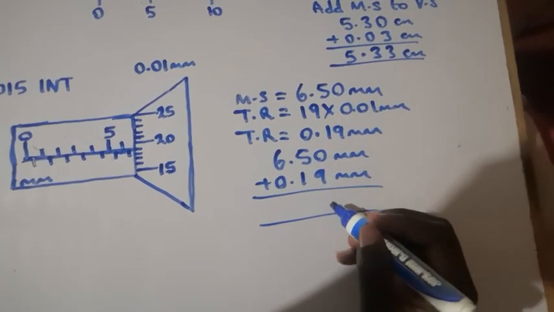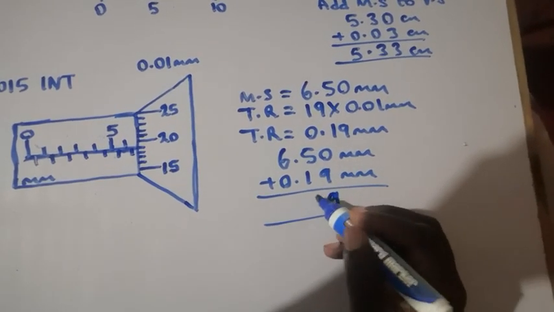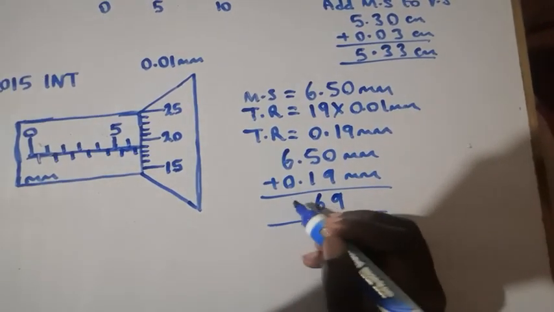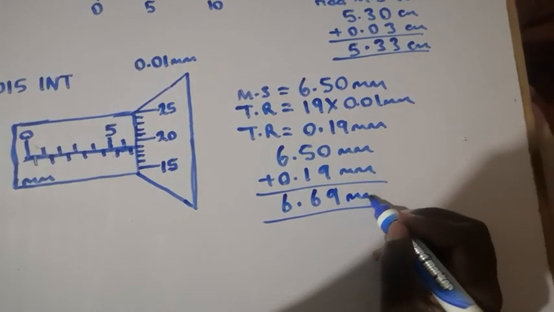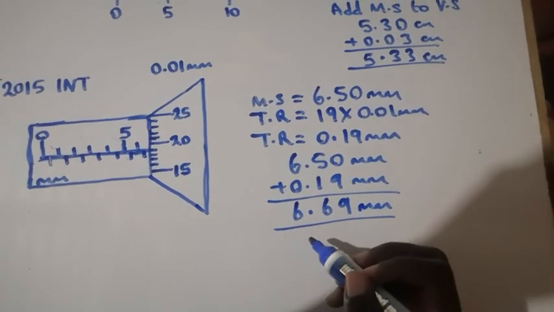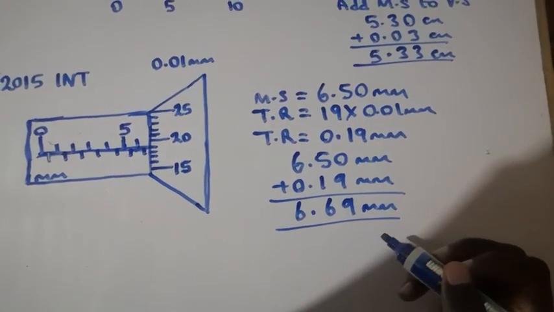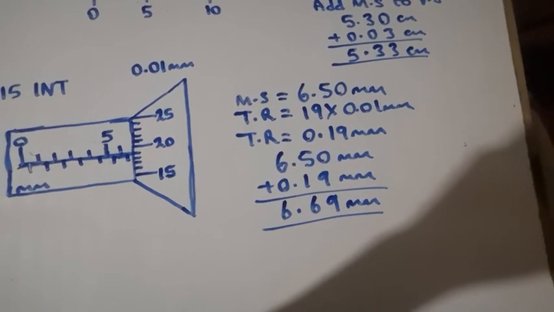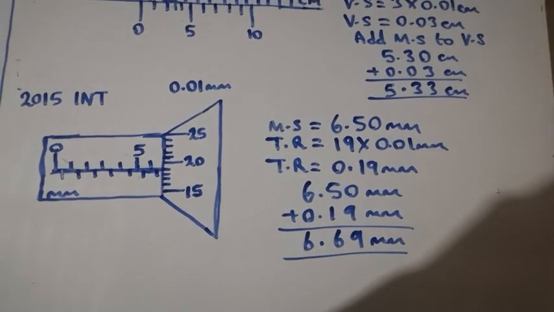So 0 plus 9 is 9, then 5 plus 1 is 6, then 0 plus 6 is 6. So the reading is going to be 6.69 millimeters.